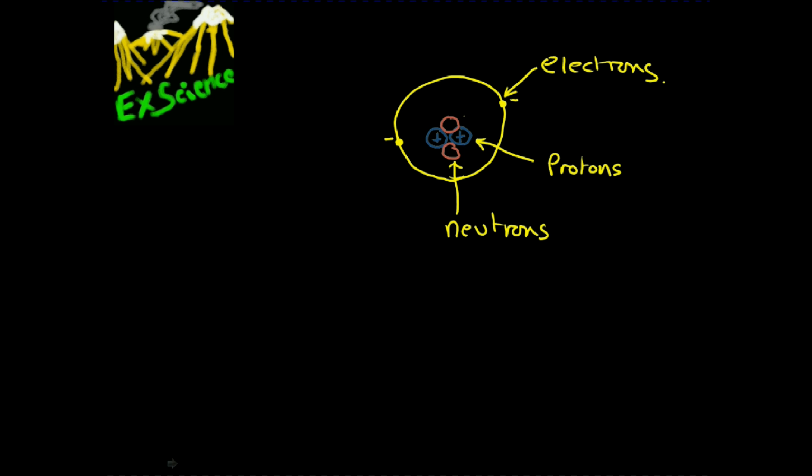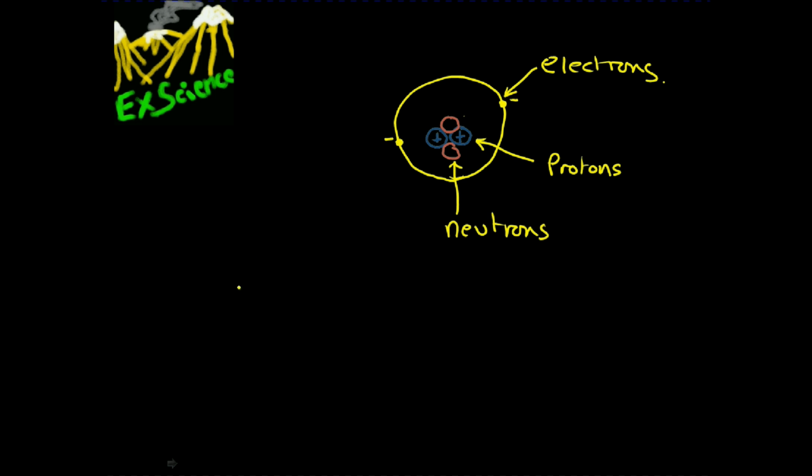So what we'll notice is that here there are 2 positive charges. These are matched in a neutral atom by 2 negative charges of the electrons. So in all, this gives us 3 kinds of subatomic particle that we're interested in.